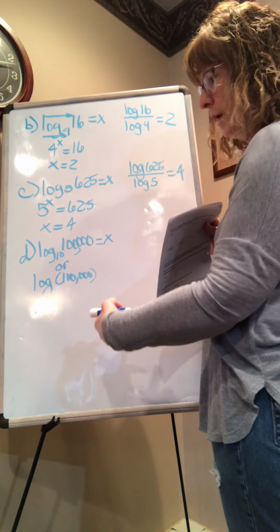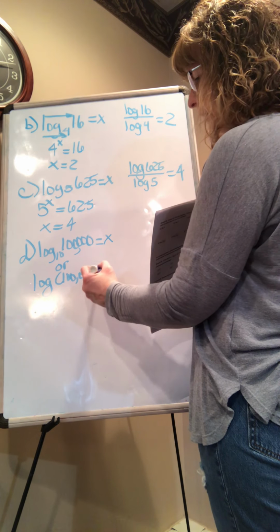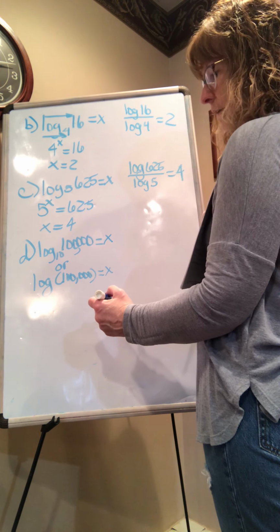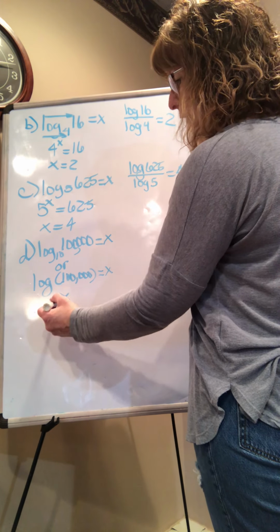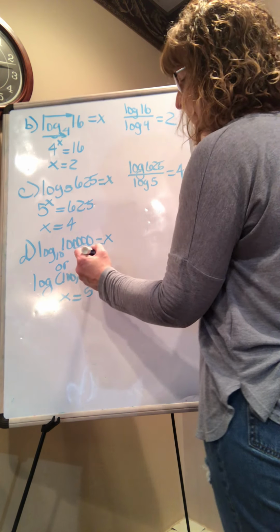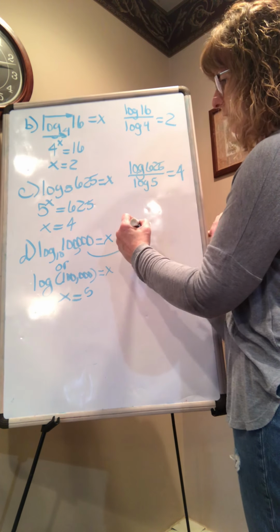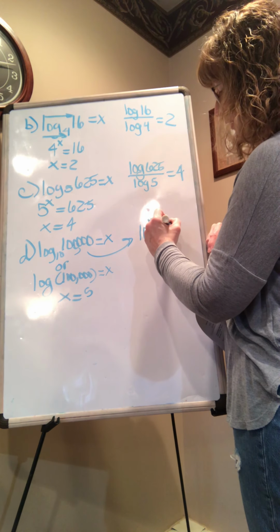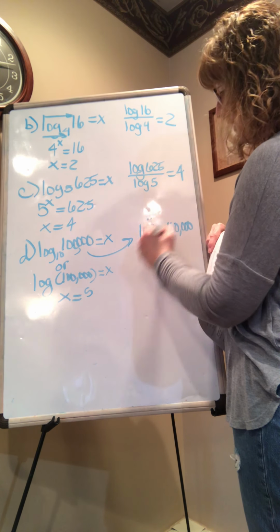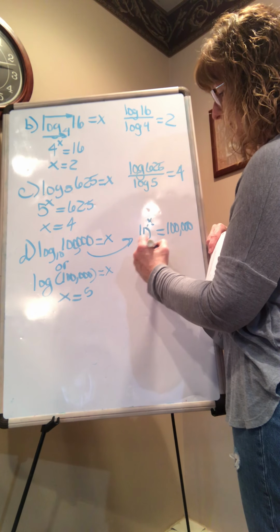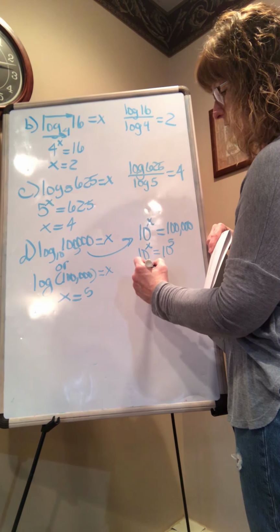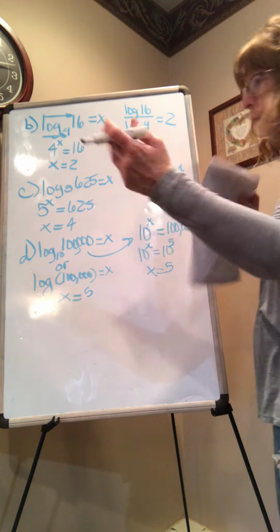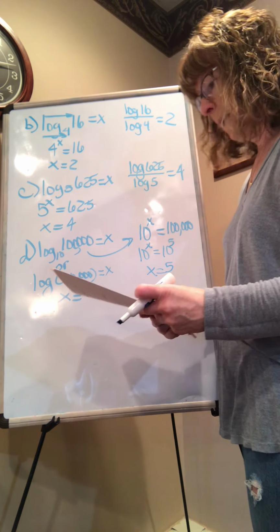So you could type that straight in using the log on the calculator, and you would have gotten right away x equals 5. But if I take this guy over here, this would have been 10 to the x is equal to 100,000. And 10 to the x is equal to 10 to the 5th. So x is still 5. Either way, you could do it either way.